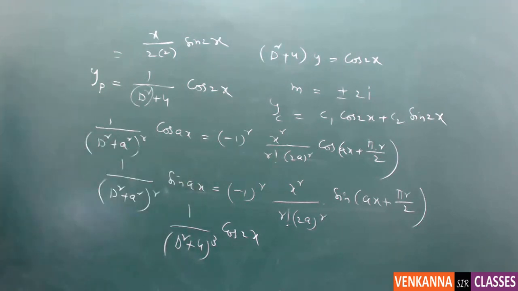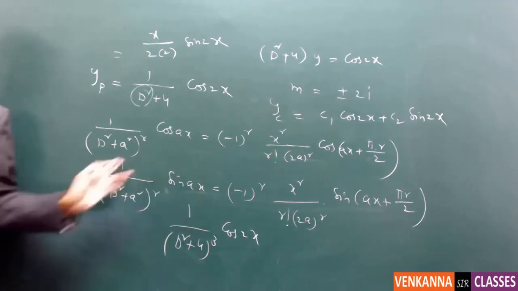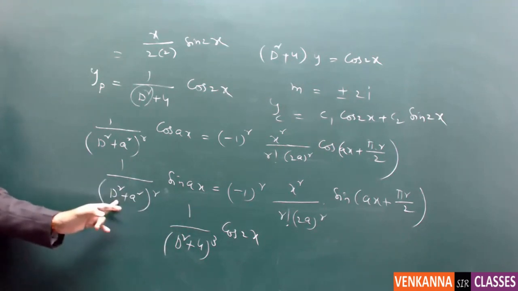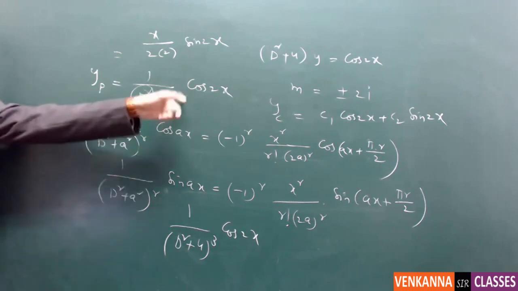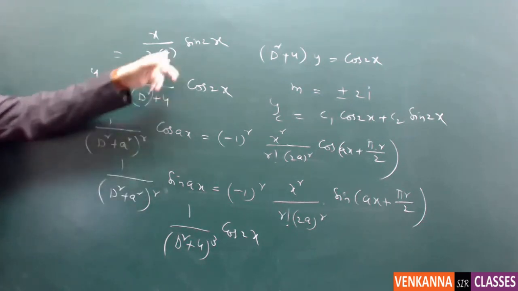Fine. Any other queries? In the majority of the problems, we are going to make use of the previous formula only. So the multiple roots formula will be asked very rarely. Always we are going to make use of the previous formula that we have learned.